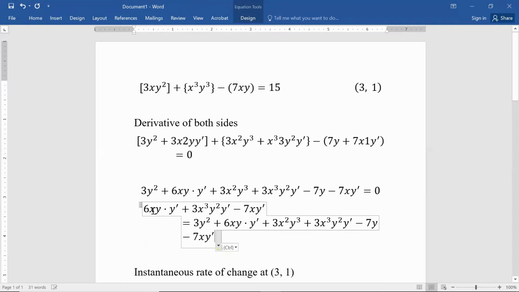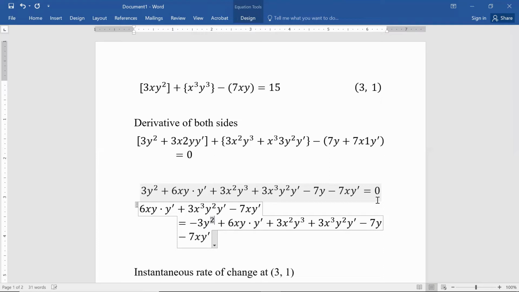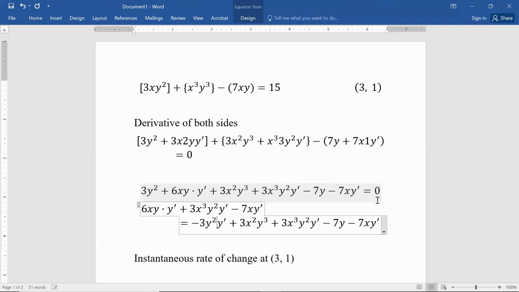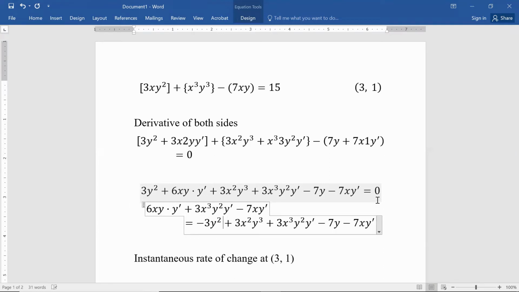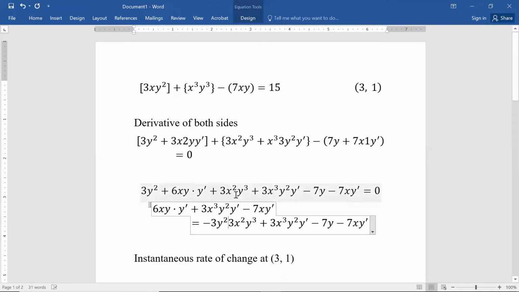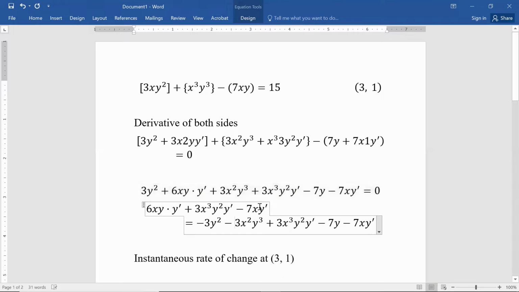Now, when I say go to the other side, we have to subtract them. So for instance, 3y squared, when I move it from left to right, I'd have to subtract 3y squared. When I move 3x squared y from the left to the right, I have to do a minus 3x squared y.